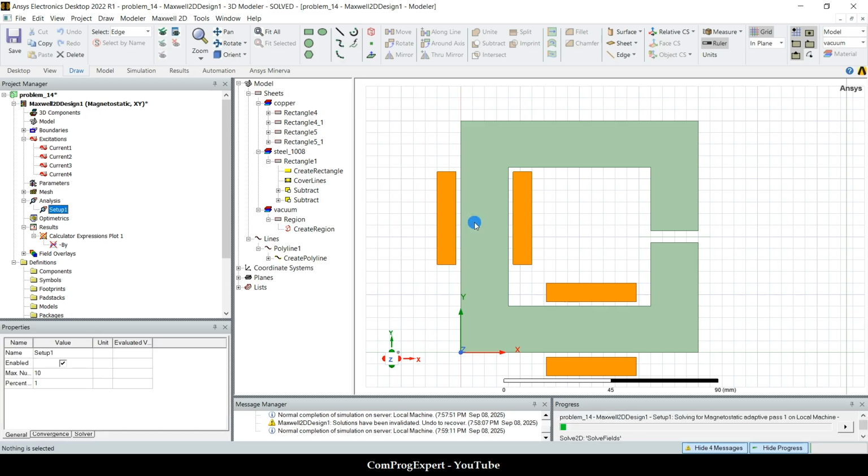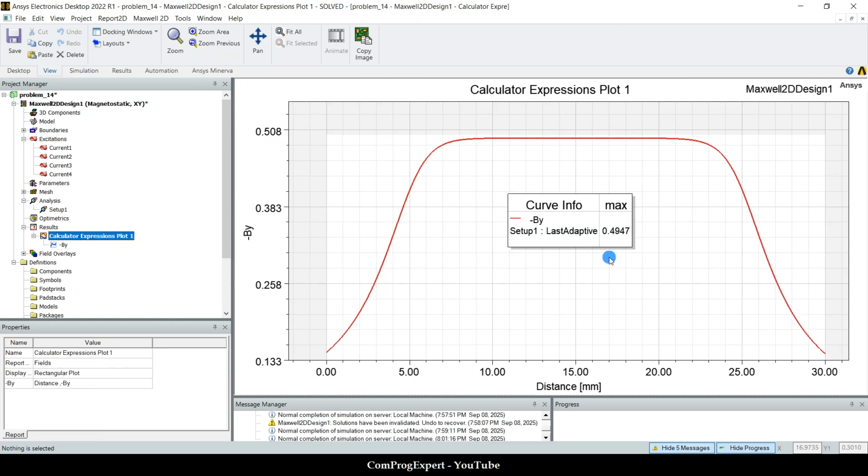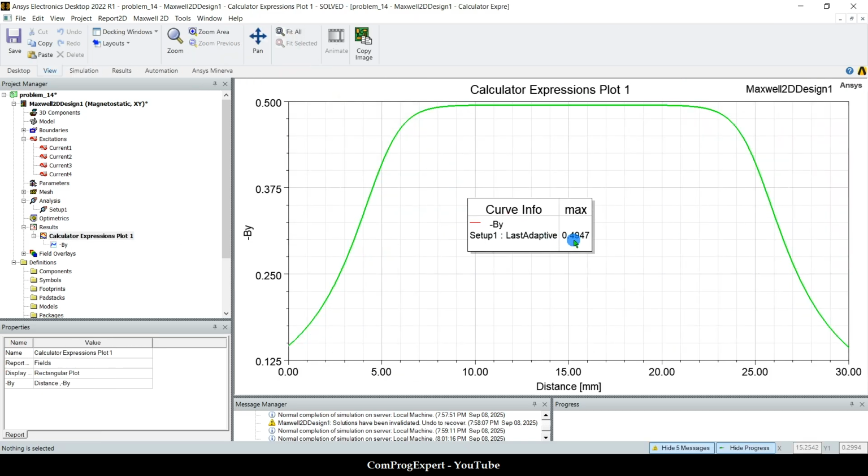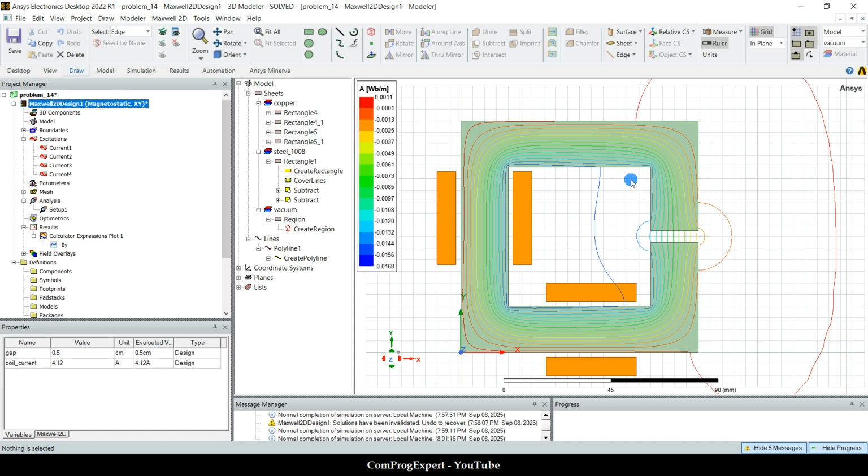We can compare the graph in this case by our calculation in MATLAB when we have this big air gap. As you can see, the maximum of the flux density is 0.5 Tesla. So we considered a new case.